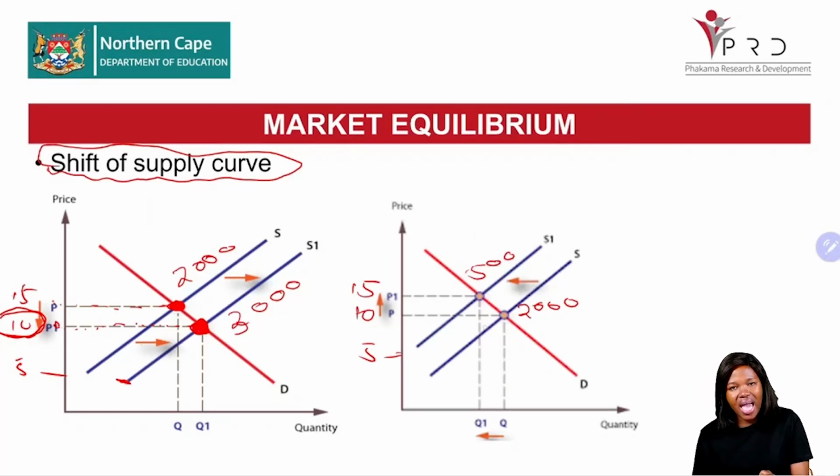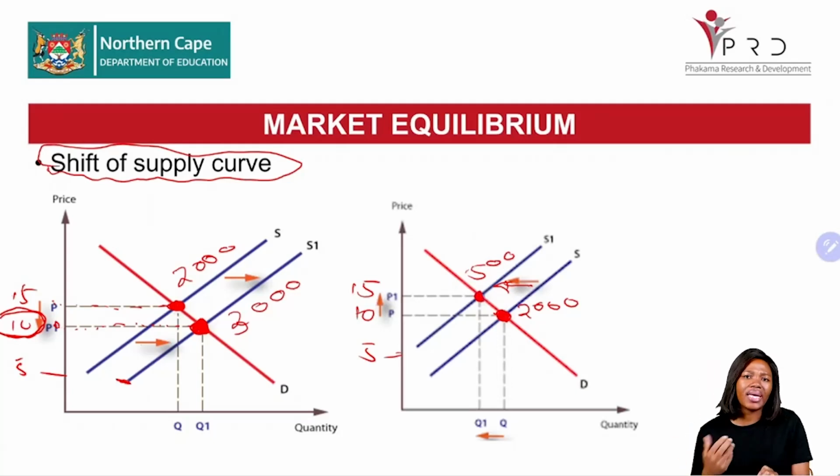The supply curve will have to shift. And when it shifts, it will have to shift to the left. This was our original market equilibrium. When a producer supplies less product, the supply will have to shift to the left at this point.